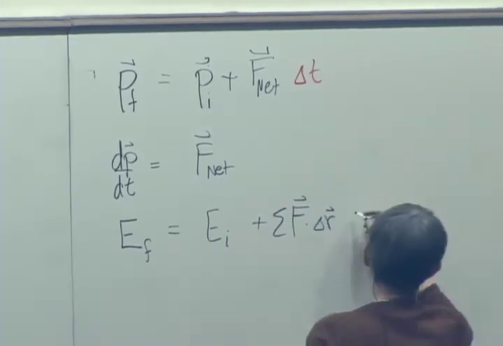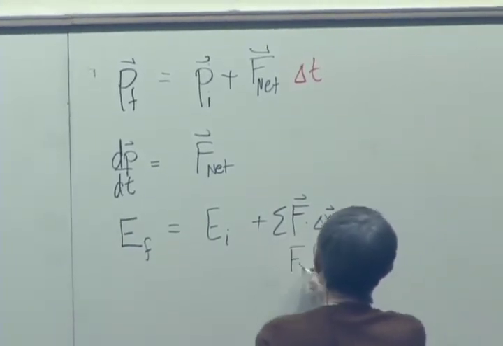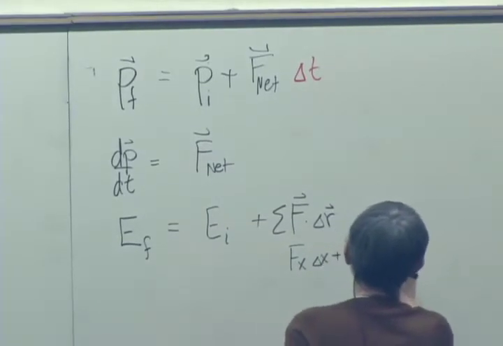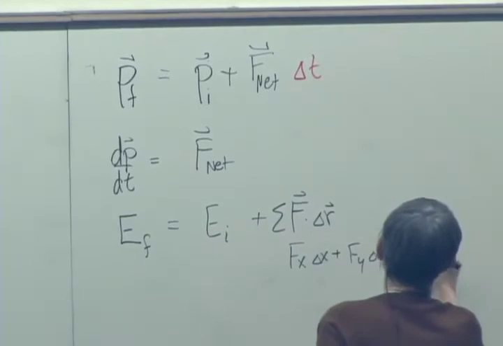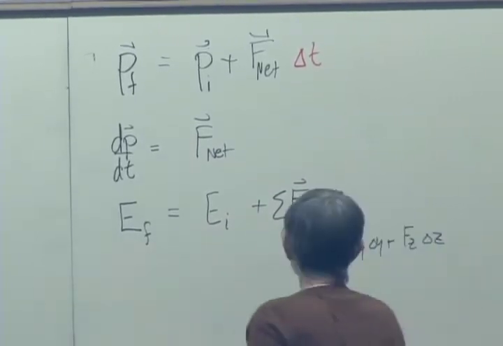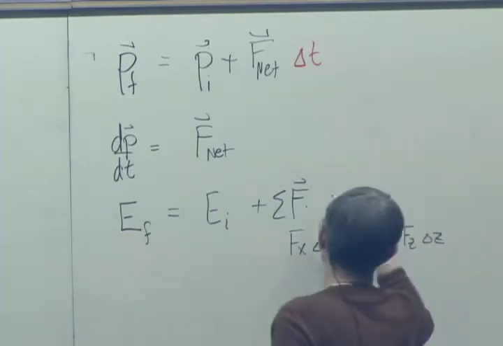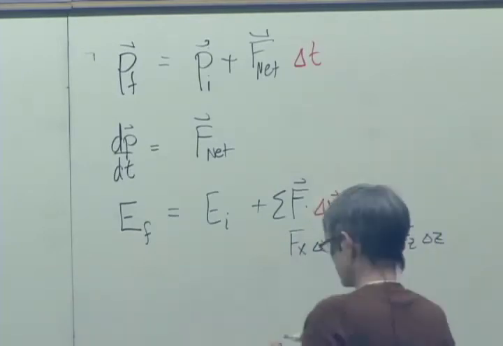That's, of course, Fx delta x plus Fy delta y plus Fz delta z. And actually, let's make this one red also.